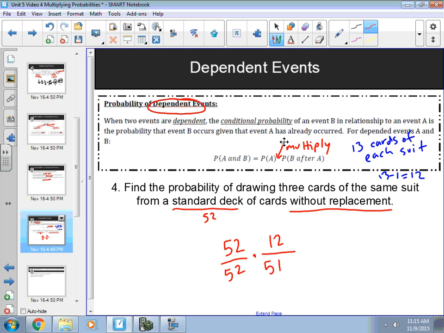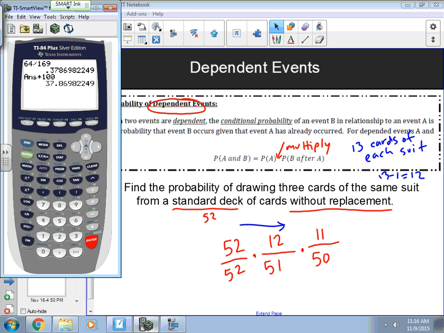So now let's assume we picked another club. What's our chance of picking that third one? Well, now we're down to 50 cards in the deck. And if we have one less club in there, that means we're down to 11 clubs. So our probability of getting 3 straight cards of the same suit will be whatever we get when we multiply this together. So again, when you're multiplying fractions, multiply across the top.